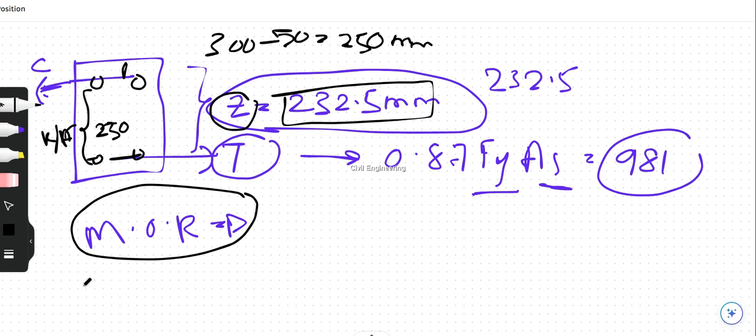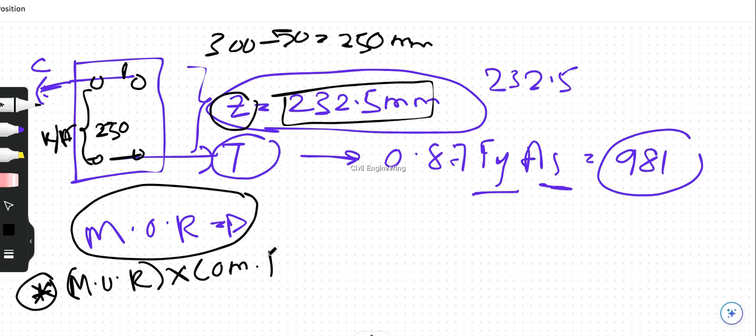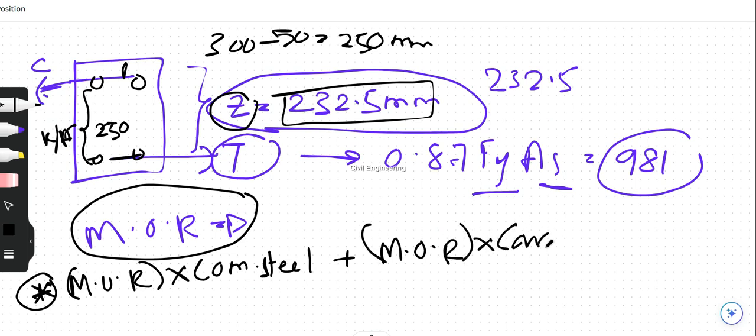Here this is a special thing, or these values are taken with my experience. We have to take the moment of resistance by compression steel and the moment of resistance between concrete and reinforcement.